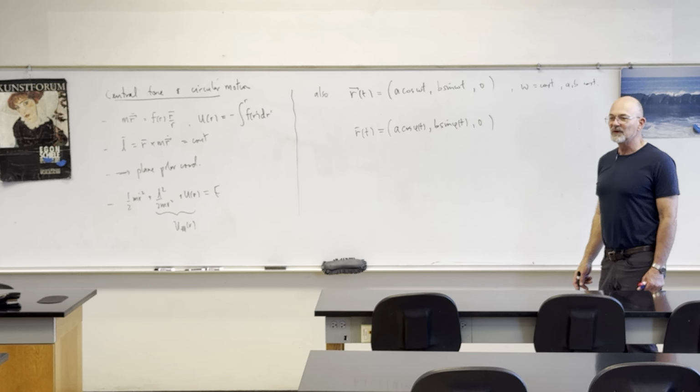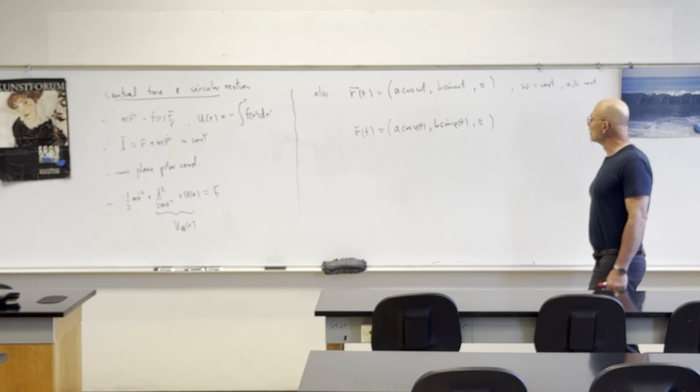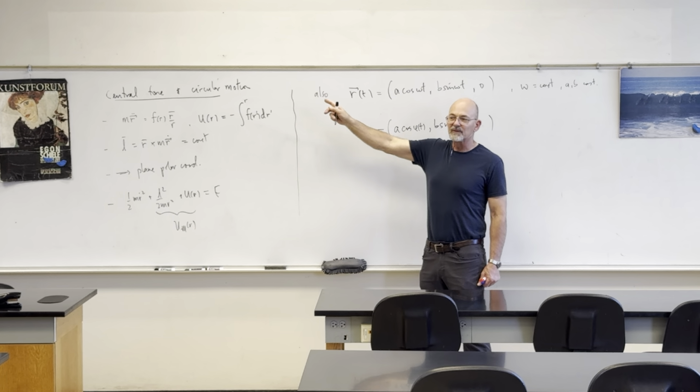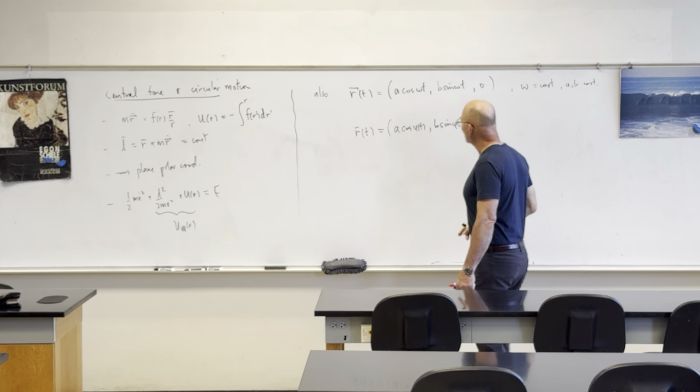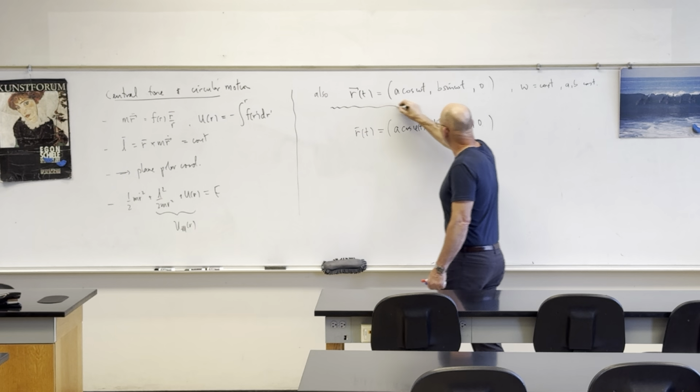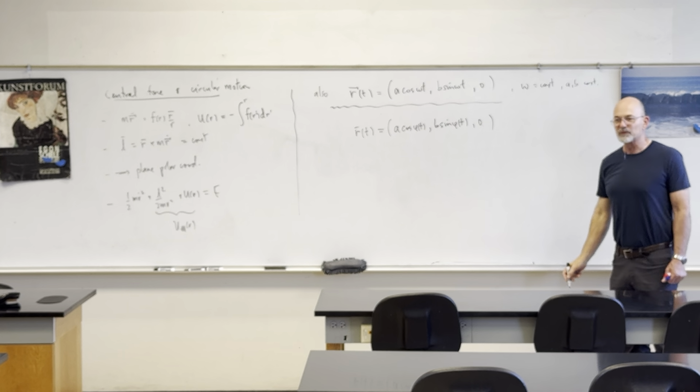Then if we were to take two derivatives of this, we'd generate a little more than we did on this problem. So this is the one I assigned, right? For the assignment, I said, show that this is a solution to a central force problem.